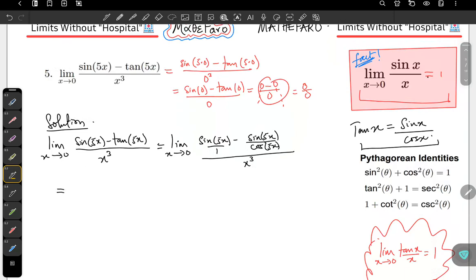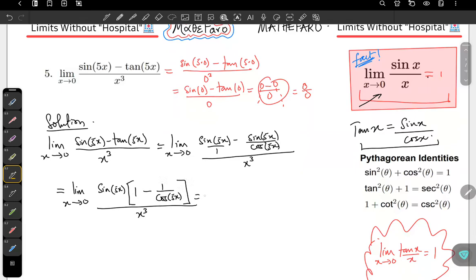Now that shows us that sine 5x is common in the numerator, so we can factor it out. The whole idea is to somehow get something that will resemble our fact. And I know that if I can get sine 5x over one of the x's here, then something is good. So we have sine 5x times the bracket, we're left with 1 minus 1 over cos 5x, all over x cubed.